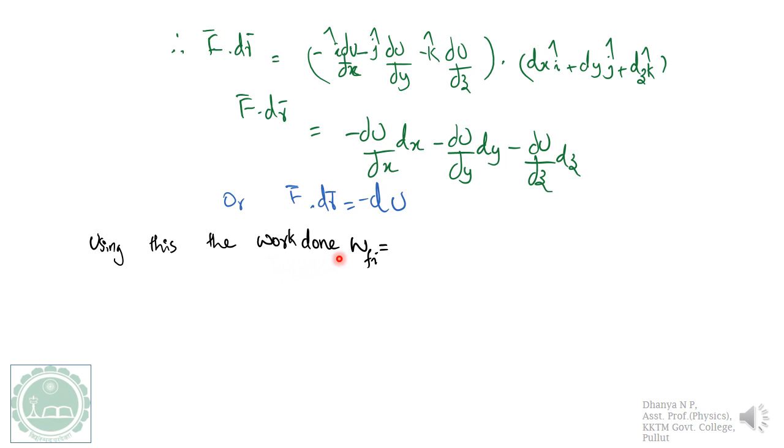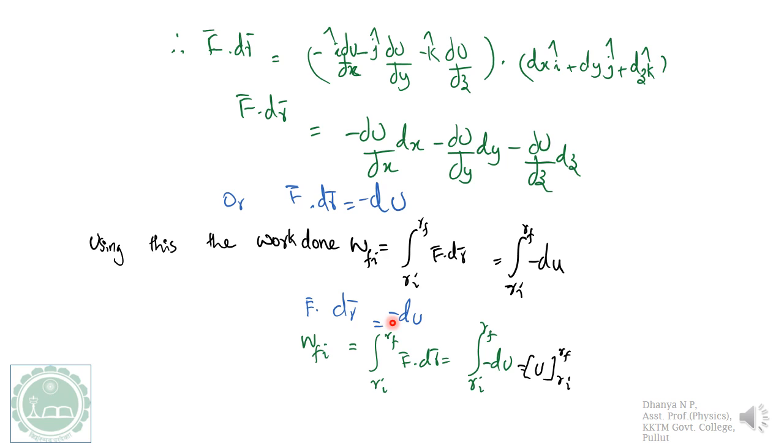Using this, the work done W_fi can be written as the integral from Ri to Rf of F dot dr. In place of F dot dr, we can write the integral from Ri to Rf of minus du, which gives minus u within the limits Ri to Rf.